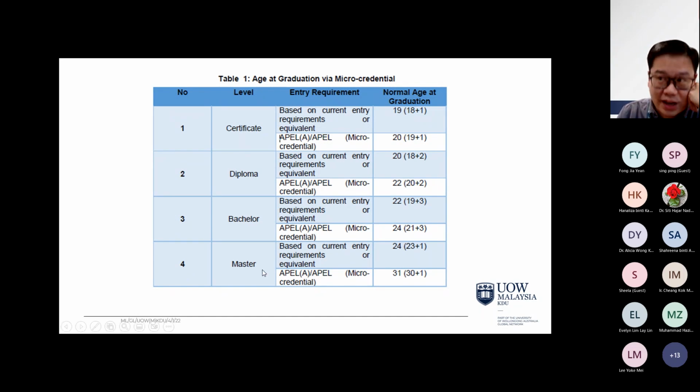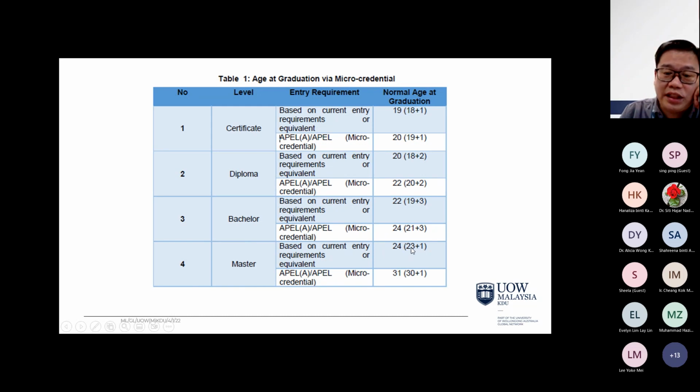Okay, some of you may ask, what about masters? Yes, you can, because there are certain APEL regulations for it. Under the micro-credential route, it is 31. There's a minimum age for it. So the current entry route is this. Now, where do they get 23? For you to do masters, normally you need your first degree.